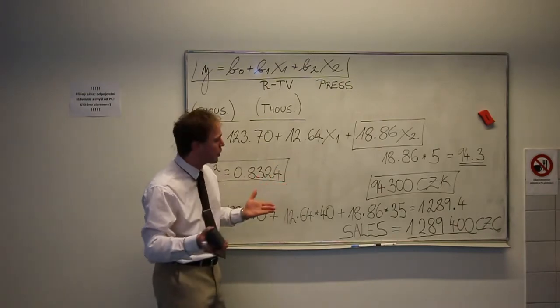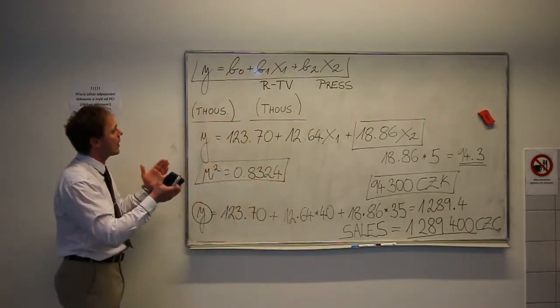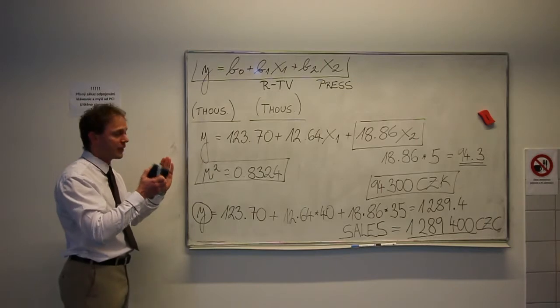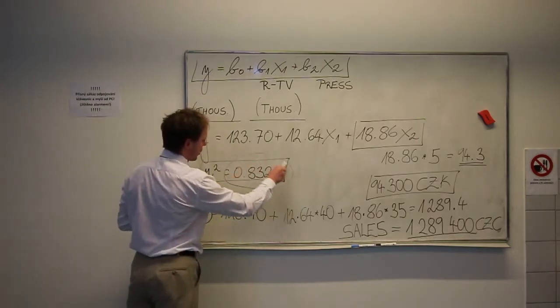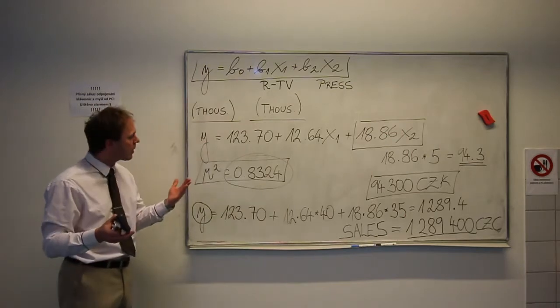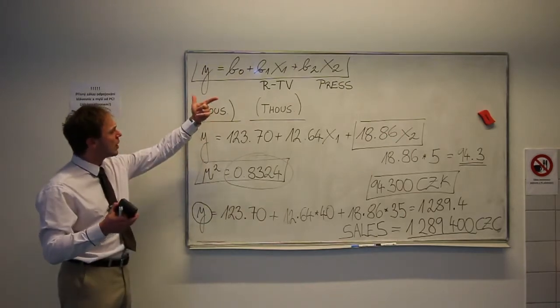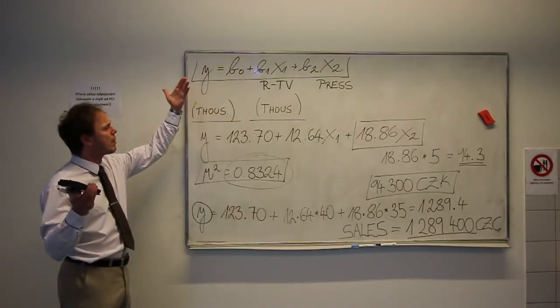So this is the expectation of your sales on the basis of these conditions. Yes, so this was the situation of a regression plane with two independent variables.